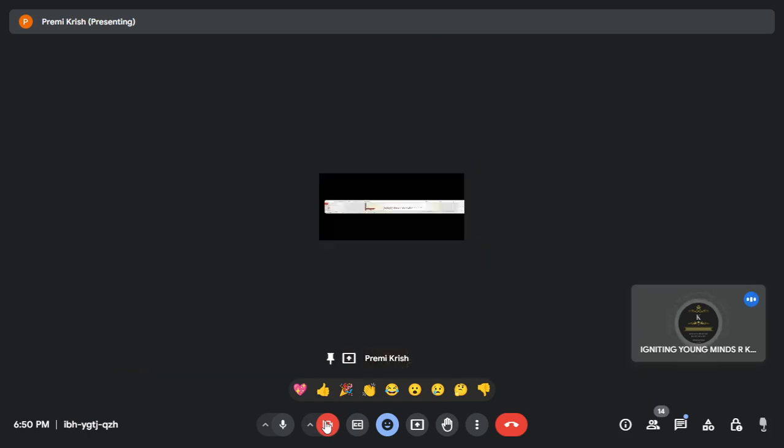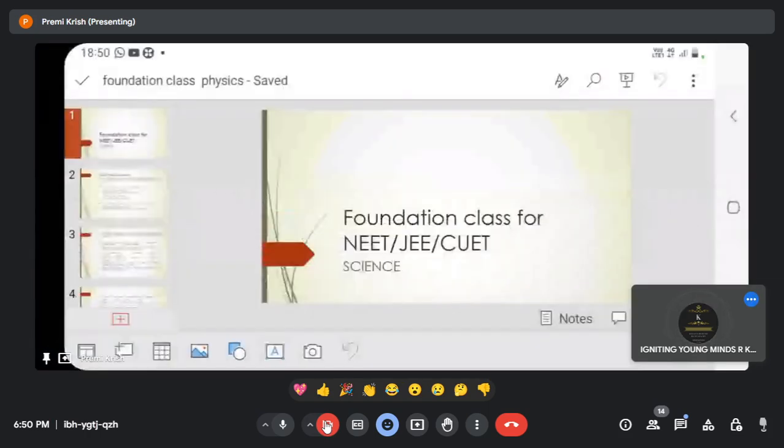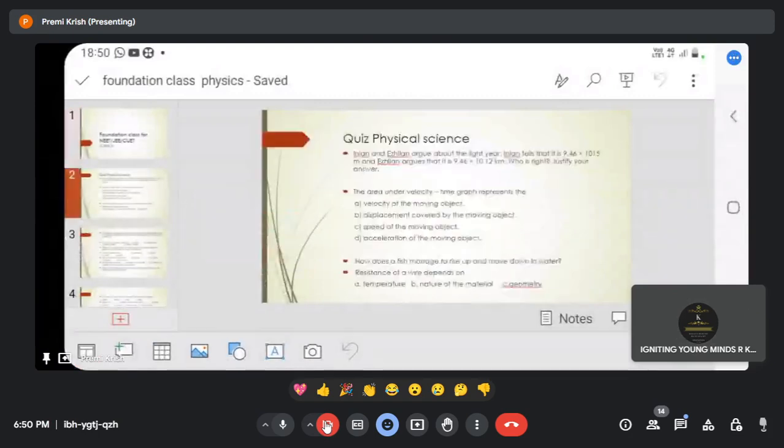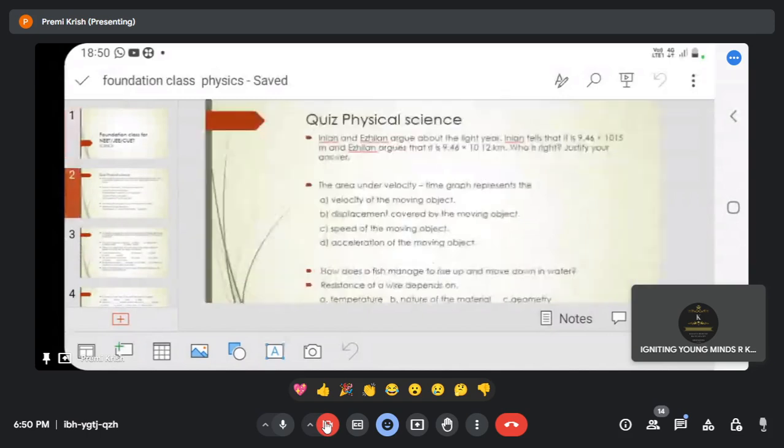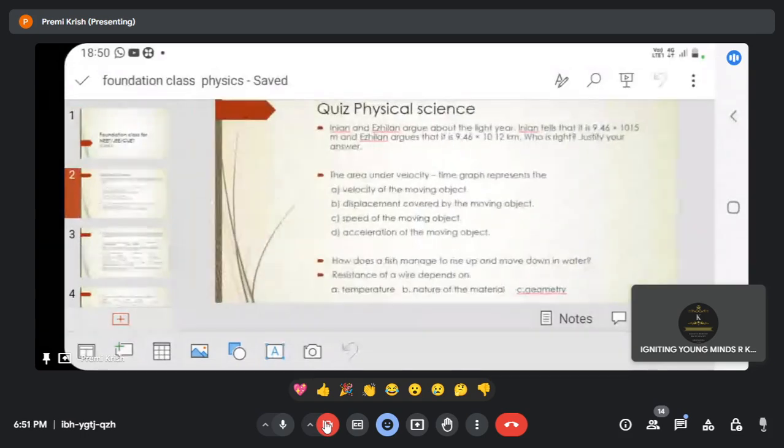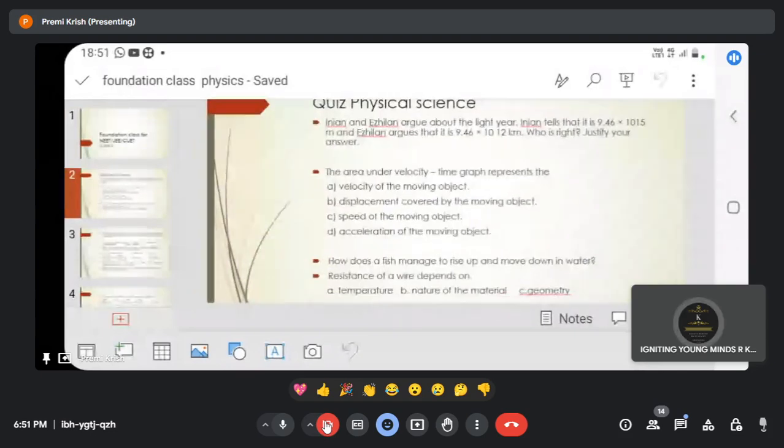Oh my God! It got tilted. Now it's okay. Premi, can you make the font a little bigger? Not very big, a little bigger. We are able to read. Are you able to read, students?